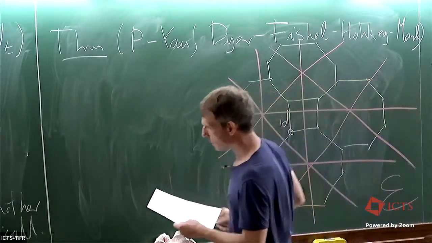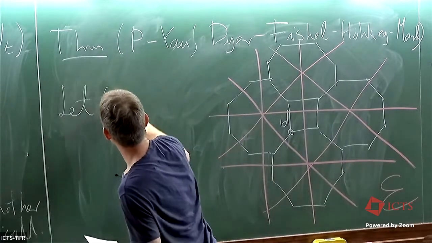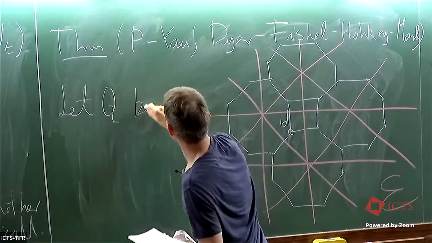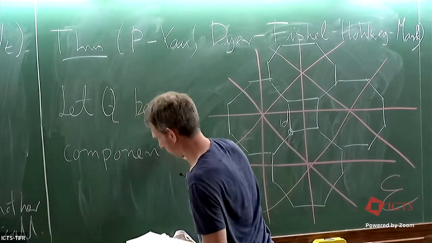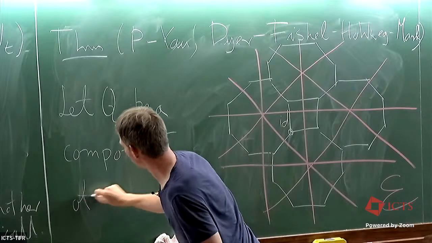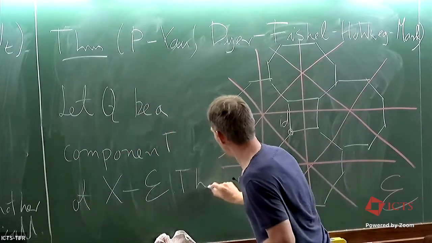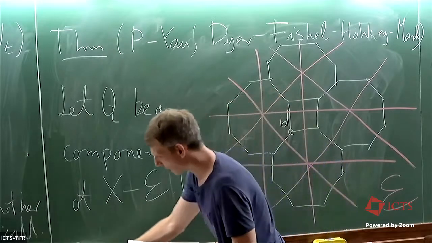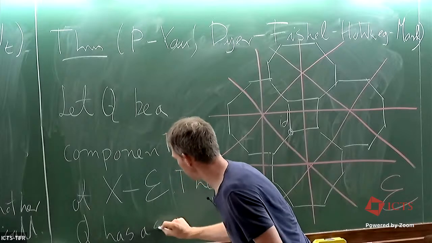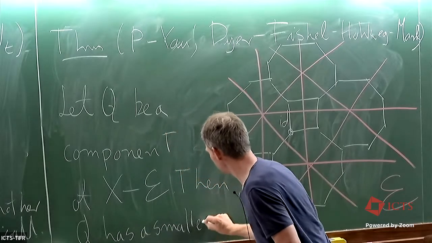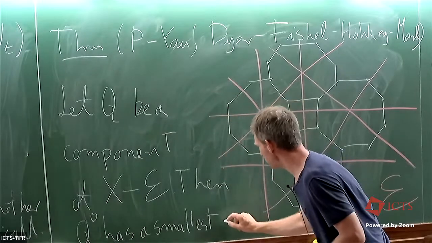And the theorem: I take a component of the complement in the Cayley graph. So let Q be a component of X minus the elementary walls. Then the theorem states that the set of vertices of Q, Q0, has a smallest element.